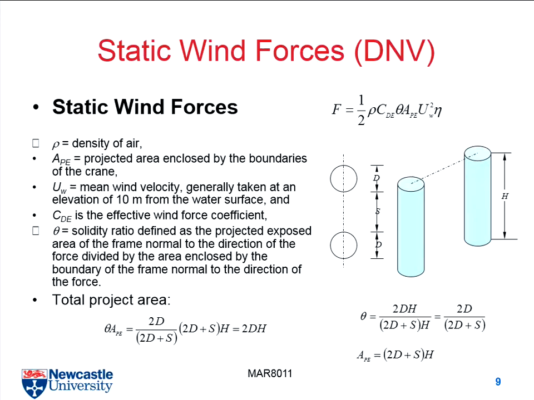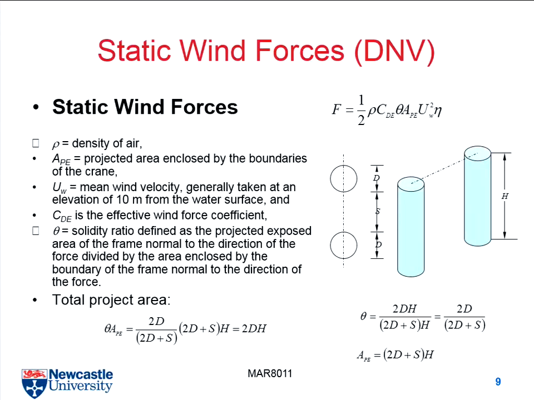If the flow is from here, the acting area should be D multiplied by H, the rectangular projection. And we have two pillars. In this case, it will be 2D and H, the real areas.